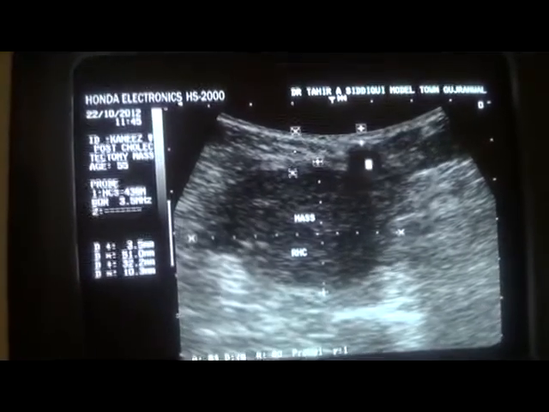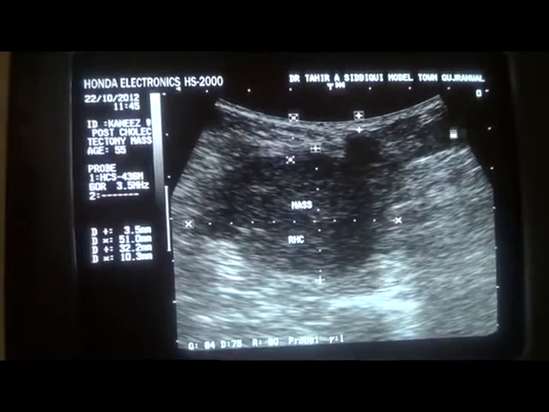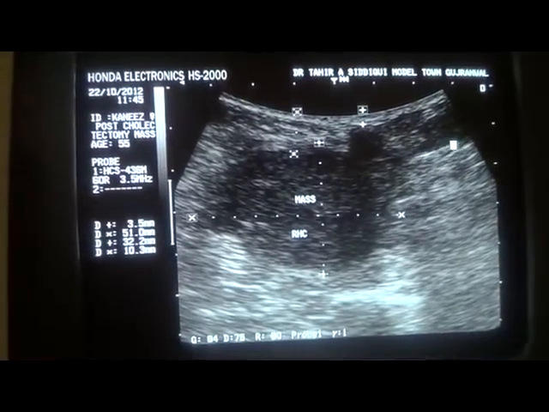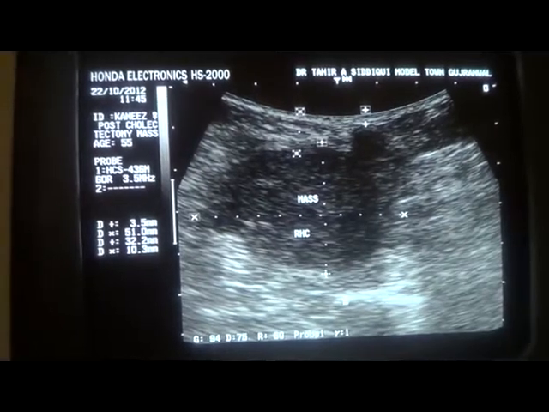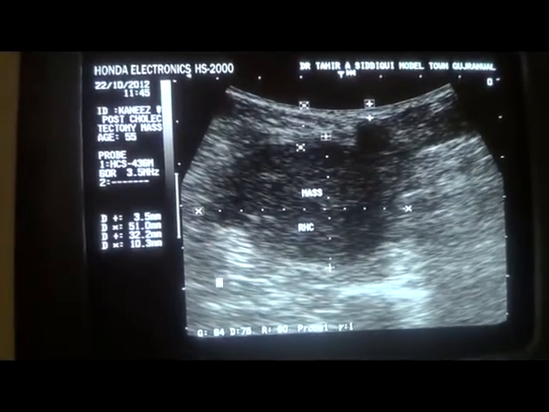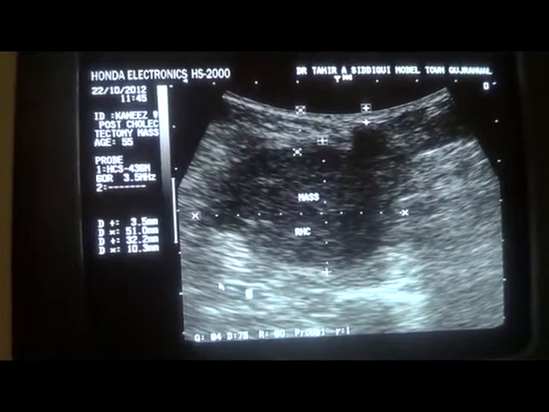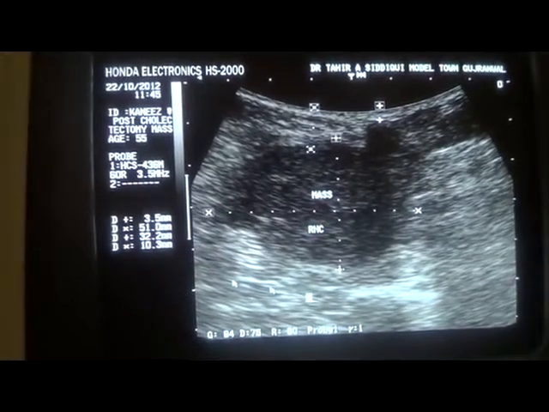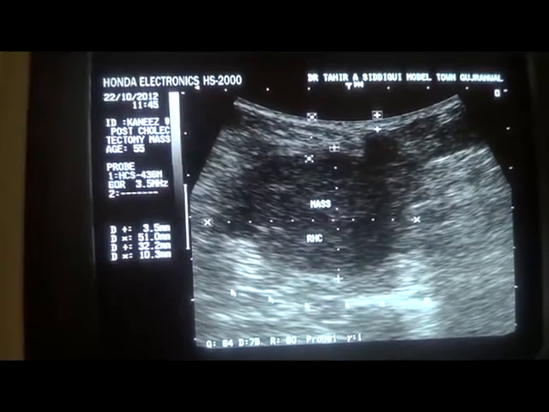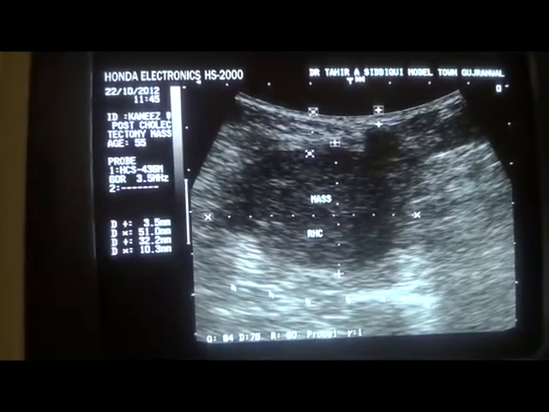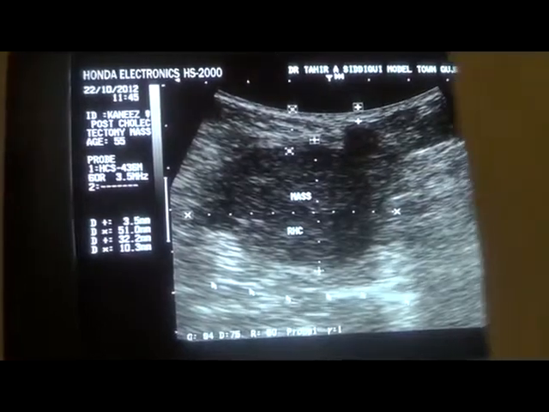These are the extensions of the mass below the skin in the subcutaneous tissue, and this is the peritoneal line. This white line indicates the peritoneal line. So this is in the subcutaneous tissue below the skin.